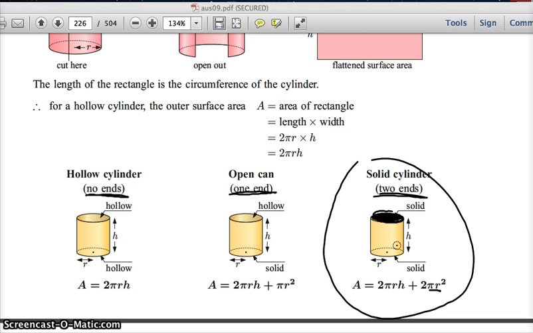Now of course you've got another surface there making two of them, which is where that 2 comes in. None of these formulas hopefully will be too unfamiliar to you, because whether you do or whether you don't, you should know pi r squared is the area formula for a circle. And so that's that bit there.